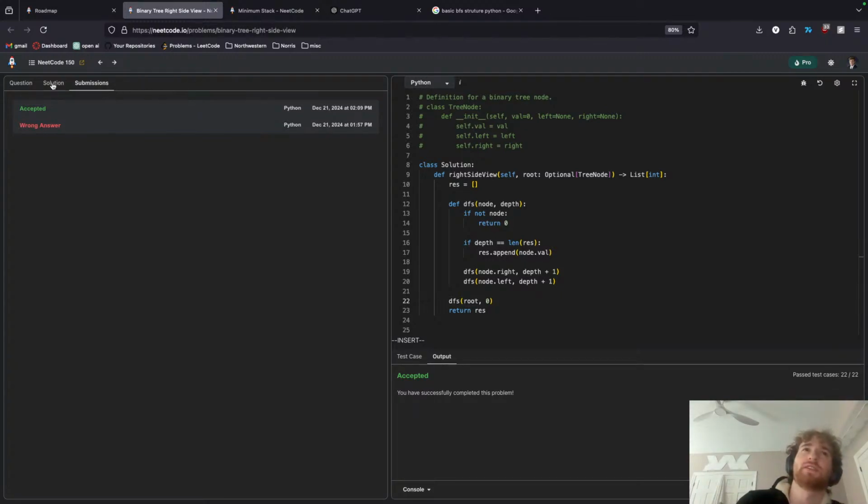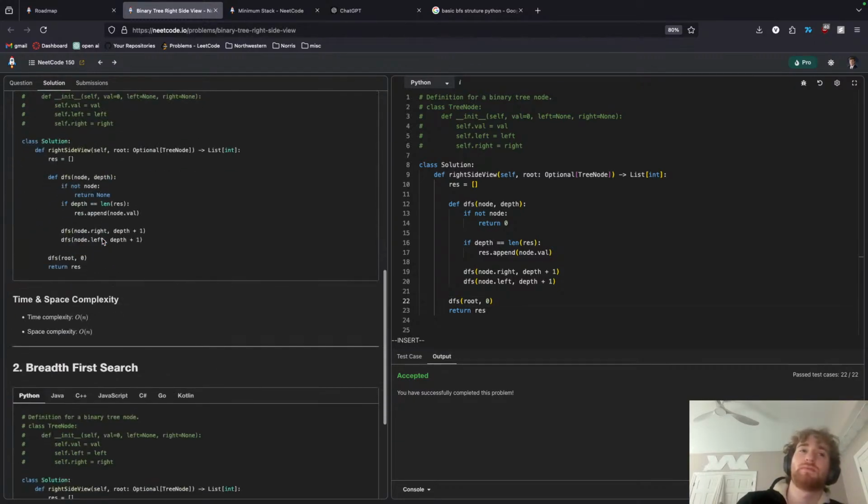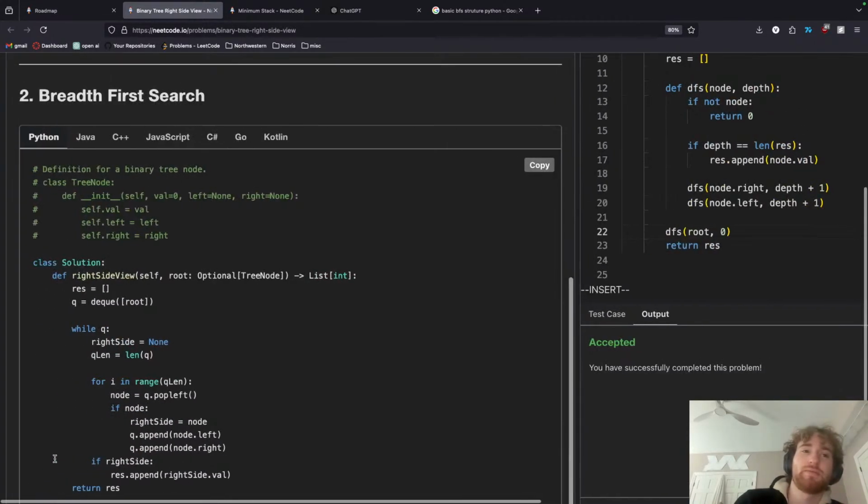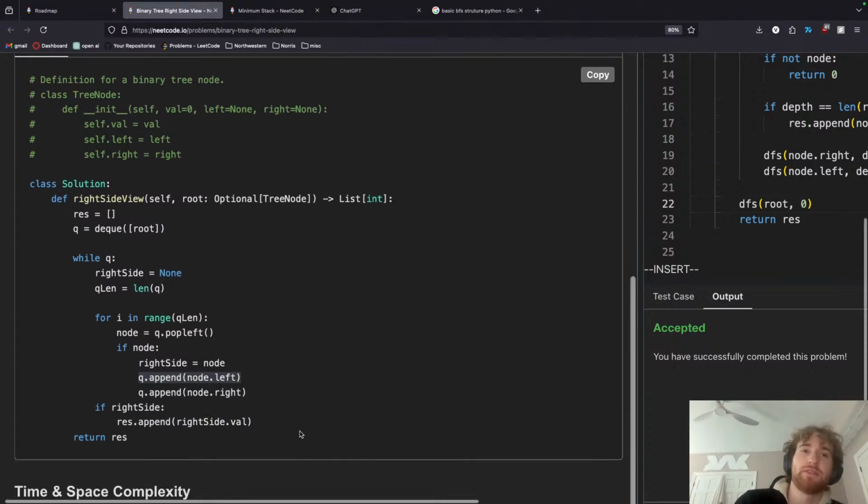The BFS still kind of doesn't make sense to me, actually. Because you're appending the left first.